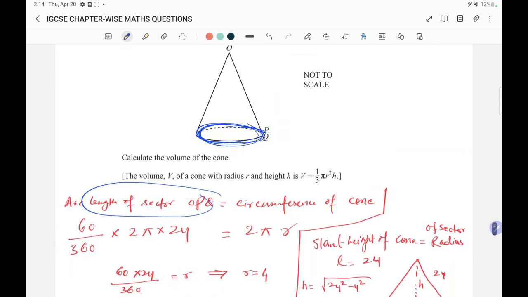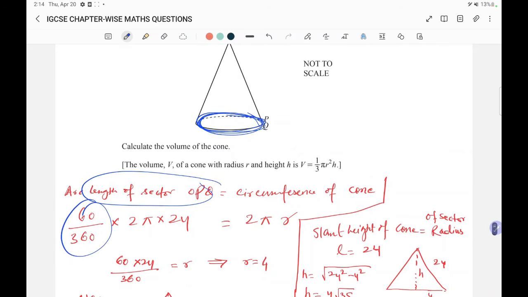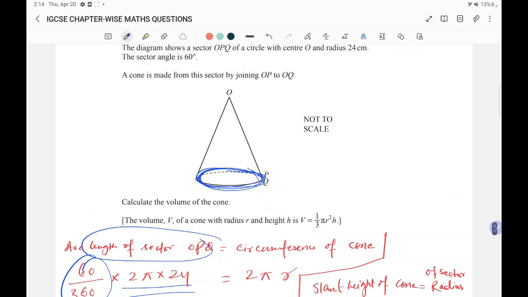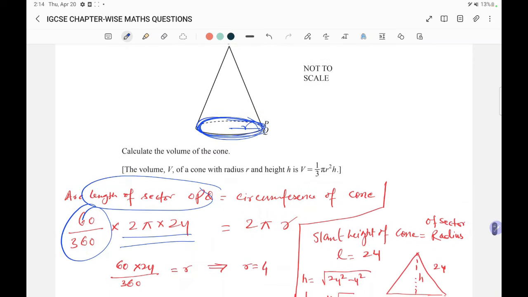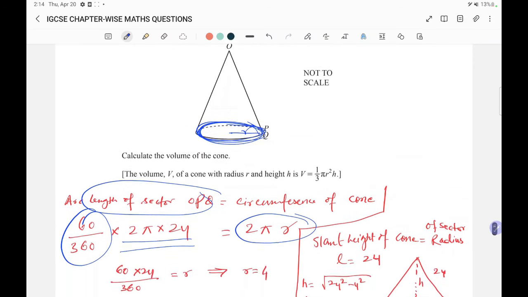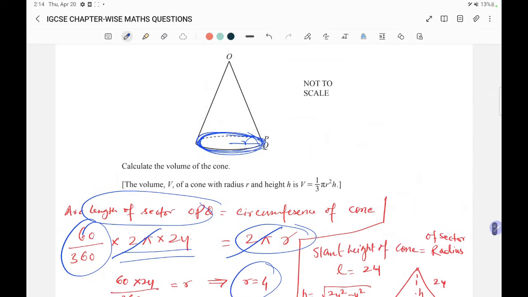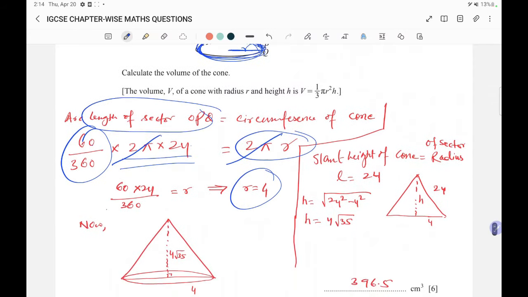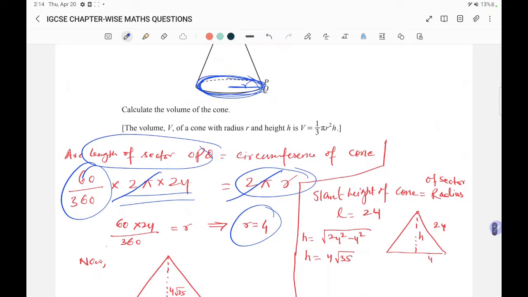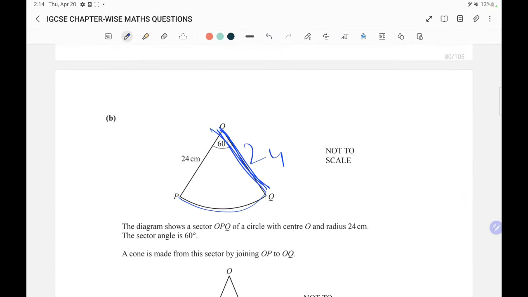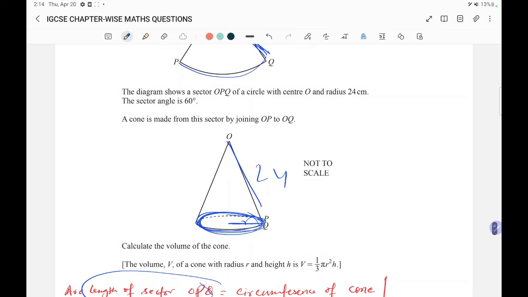Arc length is theta over 360 times 2 pi r, and the circumference of the cone, if the radius is small r, is 2 pi r. Now 2 pi and 2 pi you can cancel, then 60 over 360 times 24 equals r, which is 4. So the radius of the cone I got is 4. Now the slant height is the radius of the sector, 24.